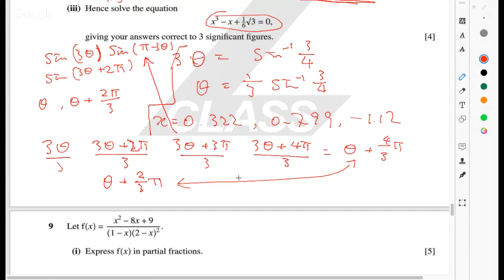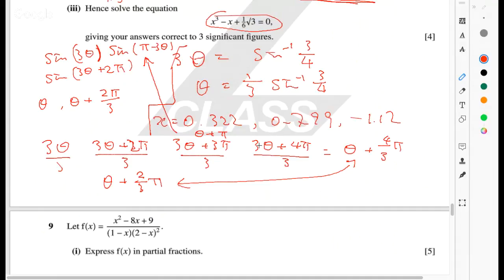Because they differ by a multiple of the other one, isn't it? No, 4 pi. Let me make sure I get this right.